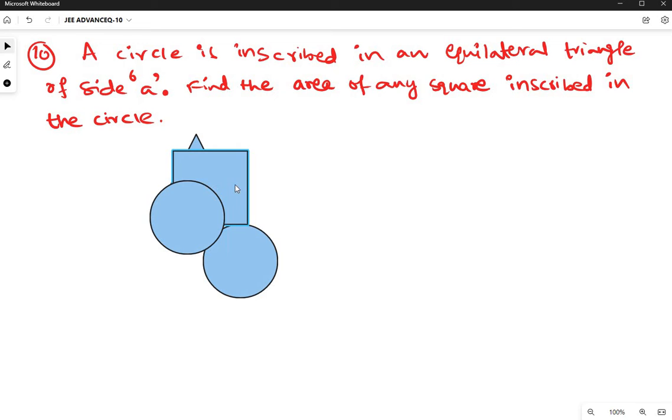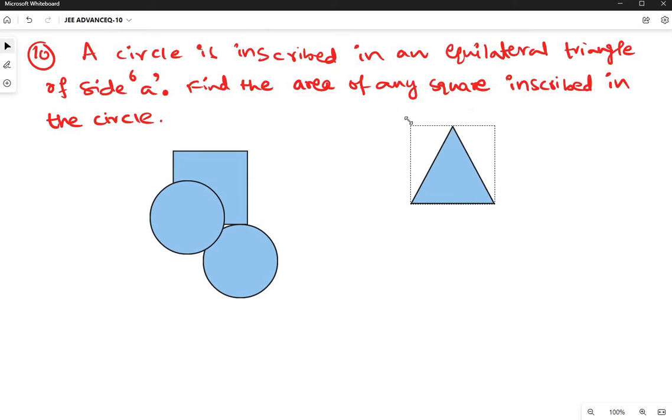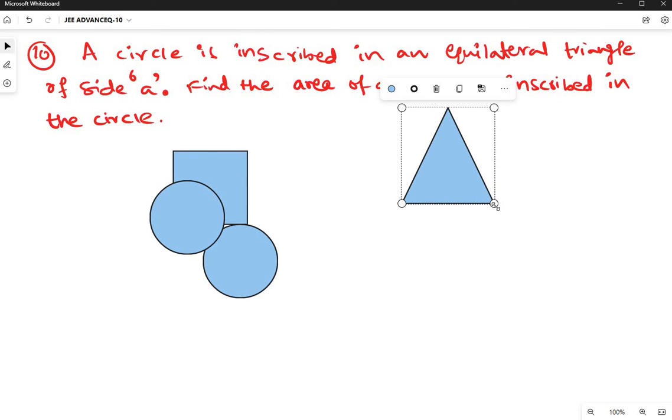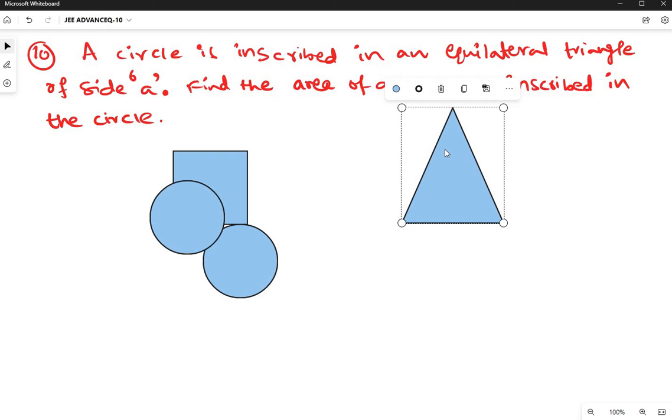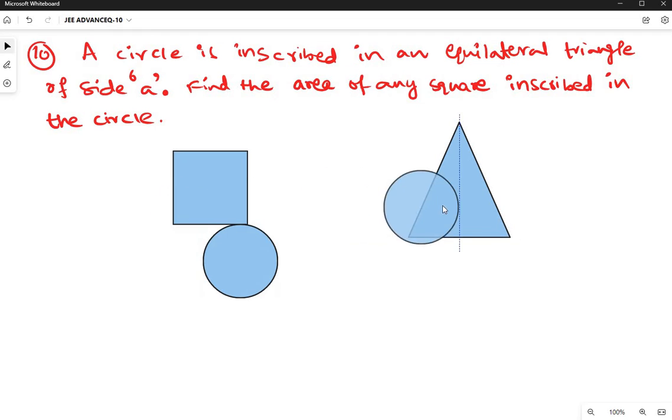Now first of all I have to draw the triangle. In this triangle we have to insert a circle, making it a little bigger than this one, and keep it inside. Therefore the circle can be drawn in this case.